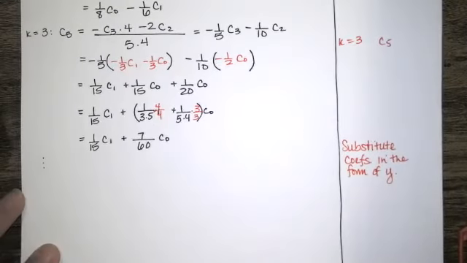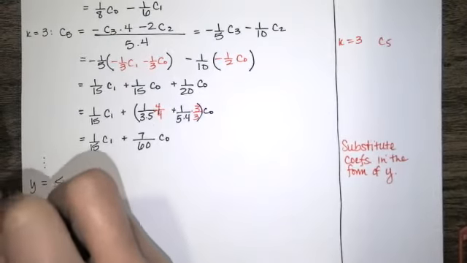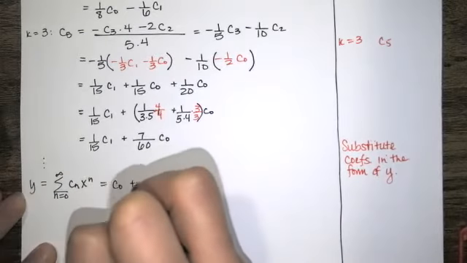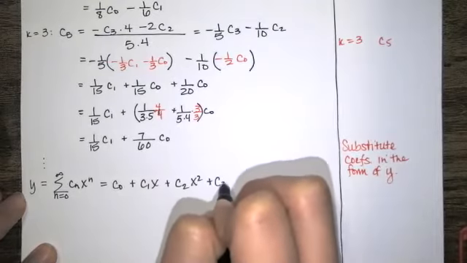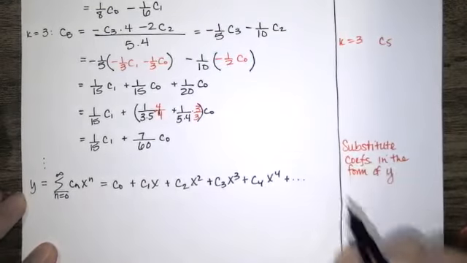This could go on indefinitely. Now y was equal to the sum as n goes from 0 to infinity of c sub n times x to the n. So we'll have c sub 0 plus c sub 1 times x plus c sub 2 times x squared plus c sub 3 times x cubed plus c sub 4 times x to the 4th, and so on.